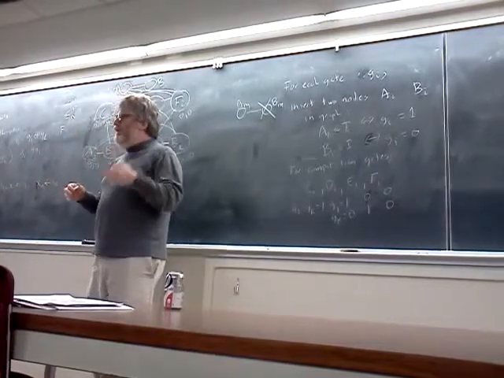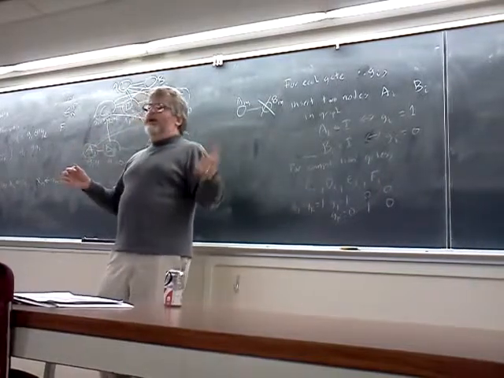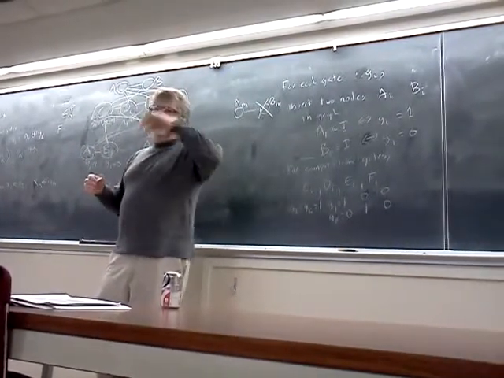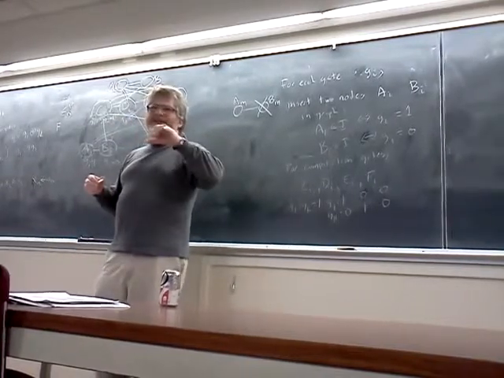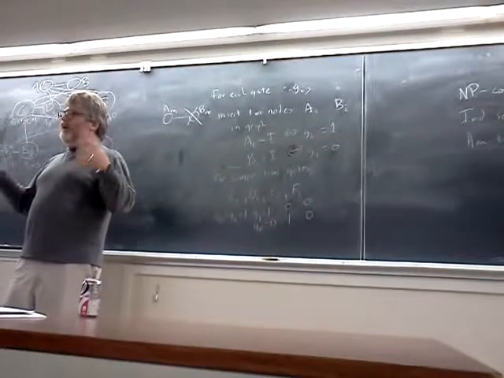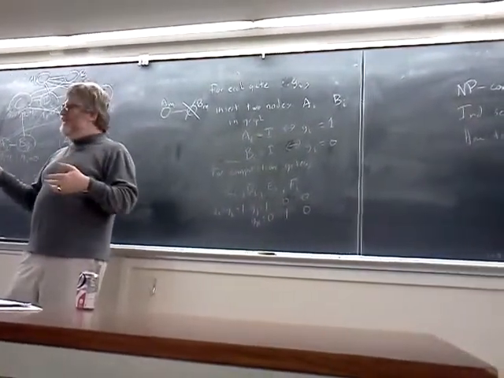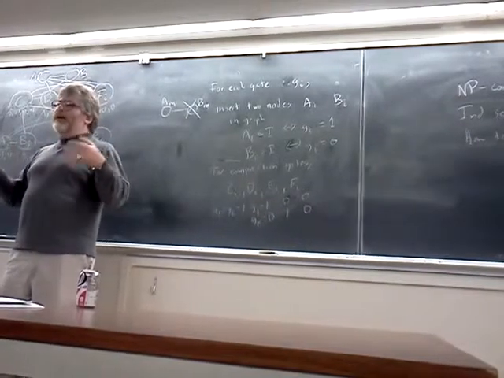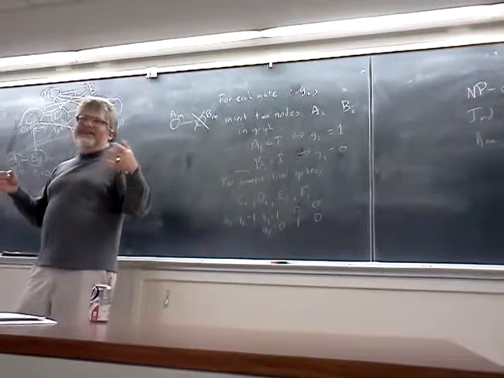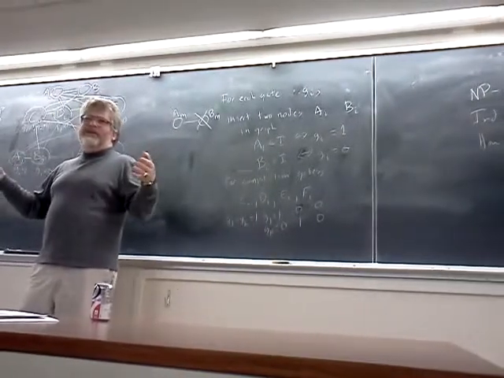I'm not chiding you for the question. I want to use it to make a point, which is that typically the image, the range of a reduction, you're proving something's NP-complete, but the kind of instances that you've proved are hard are typically very strange instances. They don't look like typical instances. So you've shown that there exist hard instances of the problem.